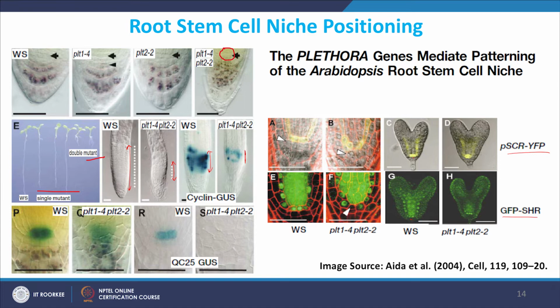So, in the embryo stage between wild type and mutant, here also wild type and mutant, the expression pattern of both short root and scarecrow protein is not significantly affected in plethora mutants.